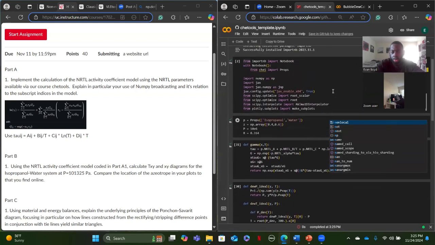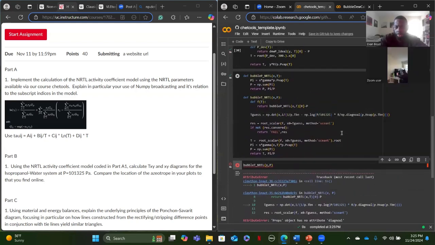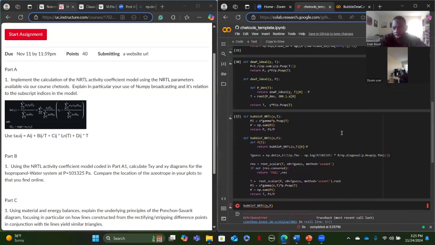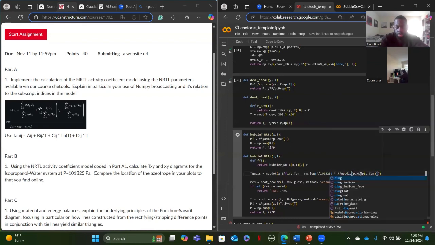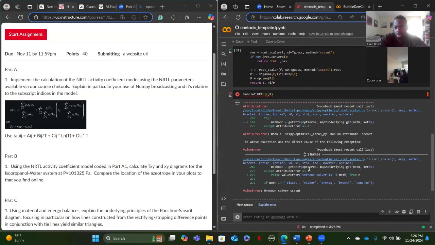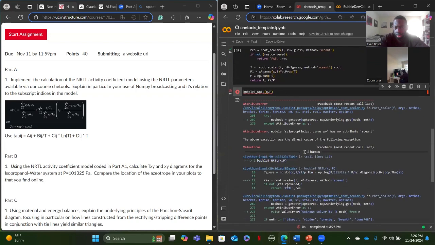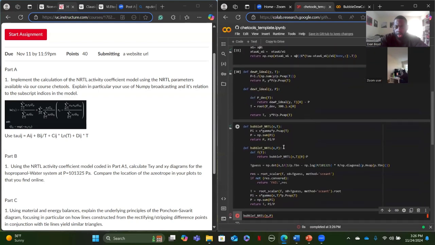NP dot diagonal should work here. It says my diagonal for NP is wrong. It should be right. I mean, it's spelled diagonal wrong, man. Unknown solver. Root scalar. Did I spell scalar wrong? Maybe.